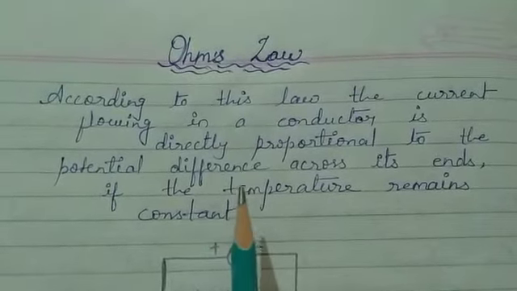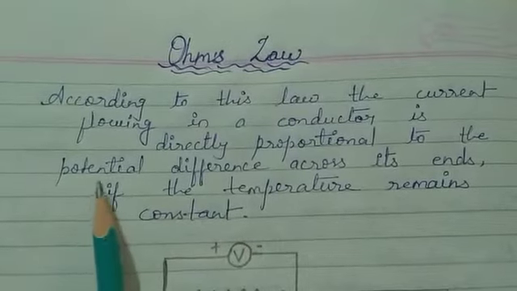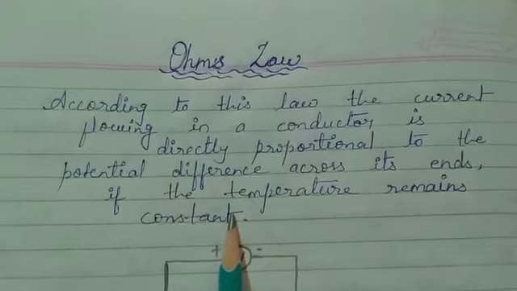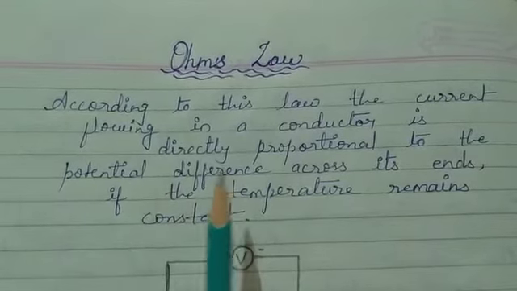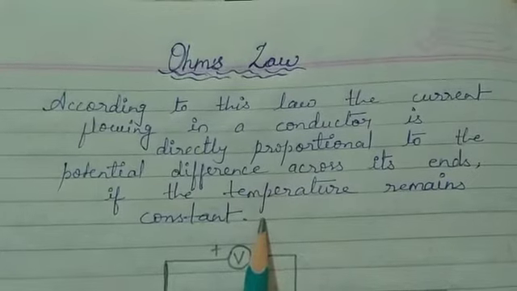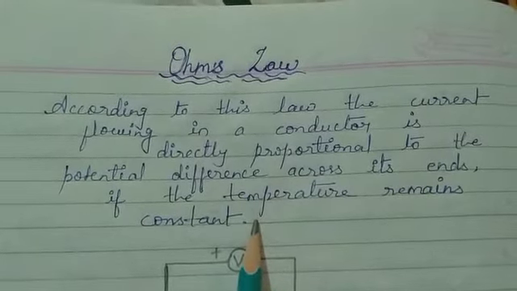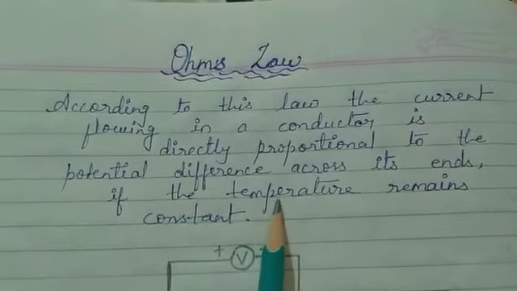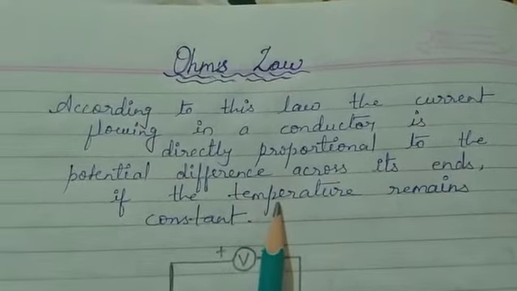So whenever you are writing Ohm's law, if you forget the line "if the temperature remains constant," you are not going to get full marks, because this is the condition for Ohm's law. If you are asked what is the condition of Ohm's law, it is that the temperature should remain constant.